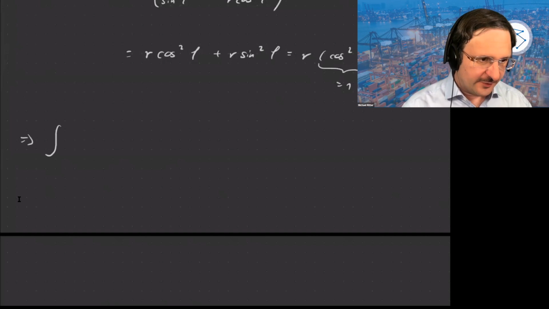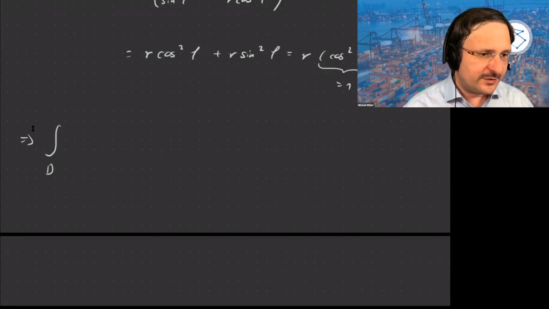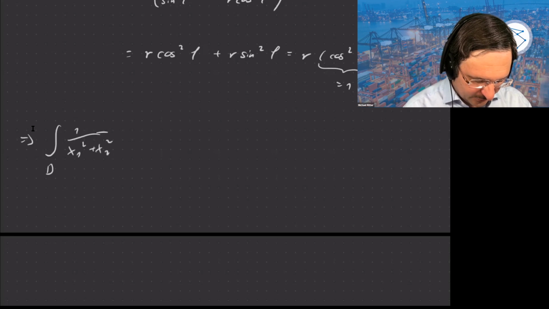So that means our integral over that set D here. The function was given as 1 over x1 squared plus x2 squared, and we wanted to integrate that dx1 dx2.